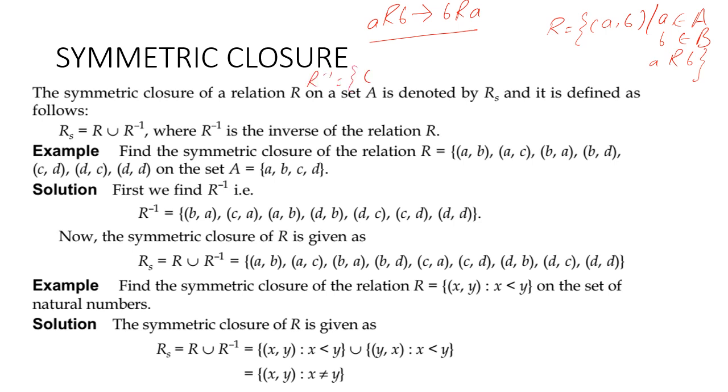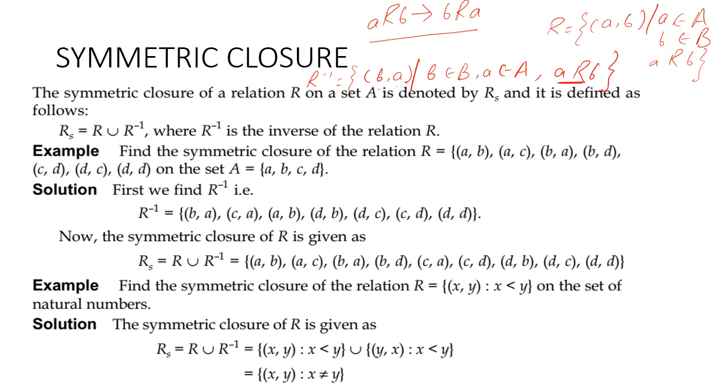R inverse was the set of ordered pairs B comma A such that B belongs to B and A belongs to A and A was related to B. So the pairs are still the same, but the two elements of the pair will be interchanged.